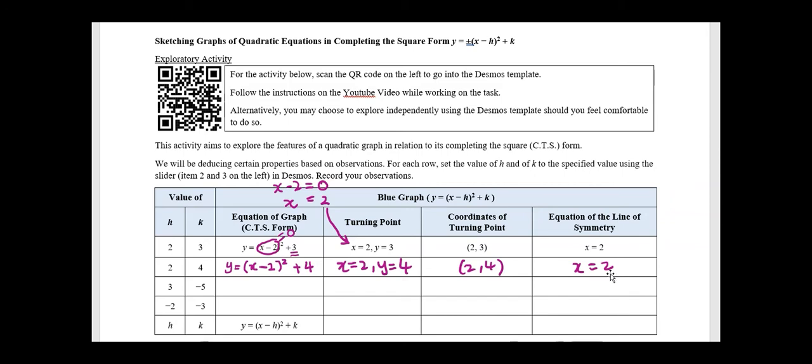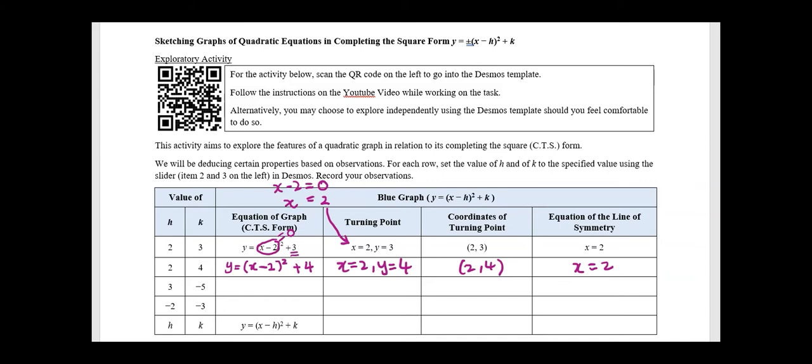You may also try more values of h and k, different combinations of things, whether the same things are still being observed, and then therefore you will be more convinced about what you generalize. Okay, so please feel free to pause this video for now and work on this, and when you're ready to check your answers, you may resume the video.